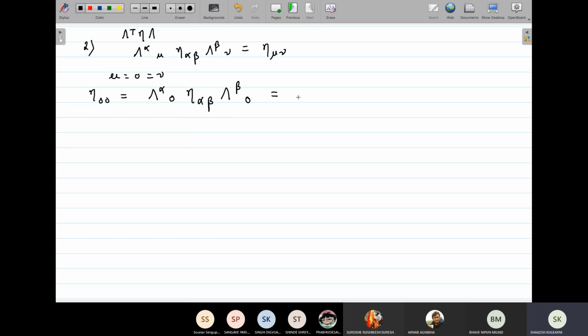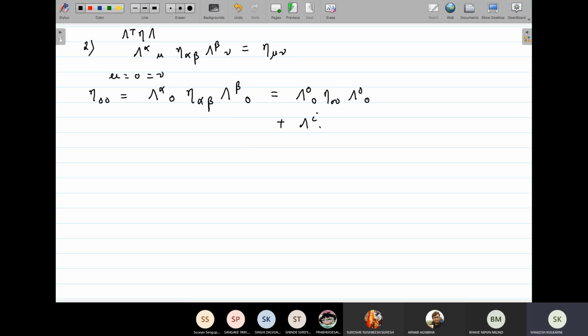Let us complete this sum. First you put 0 here: lambda 00, eta 00, because if alpha equals 0, beta must be 0. Then it will be lambda 00, plus, alpha can be 0 or i, either the time index or a spatial index.